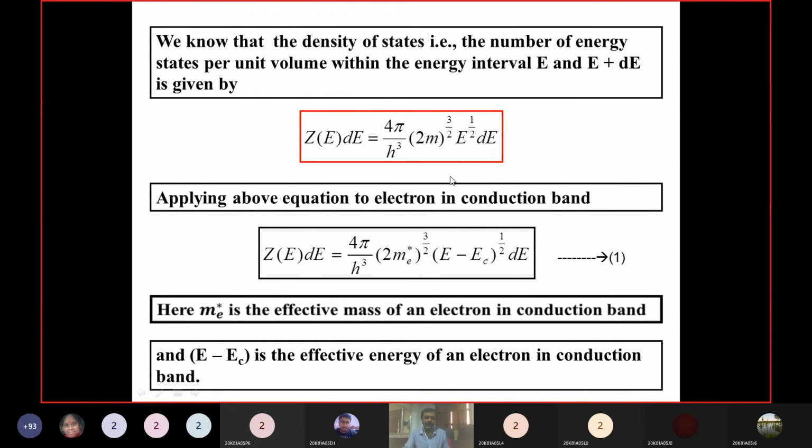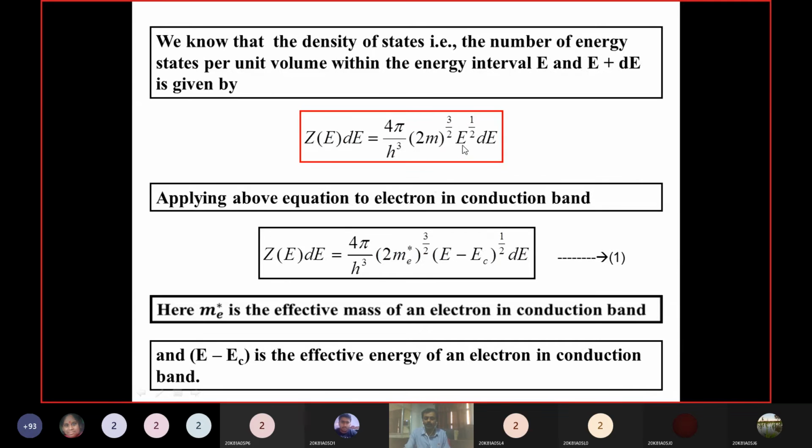Now applying this formula for an electron in the conduction band, instead of E, what we are taking here is the effective energy of the electron, because due to the position, it will get some potential energy.